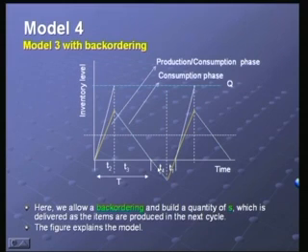We allow for some back ordering for a period T4, and we build a back order equal to S, and once the back order is built, we start producing again, and then we produce at the rate of P. Inventory increases at the rate of P minus D because we consume, and now it comes to 0, the back order is all met, and once again the cycle completes.